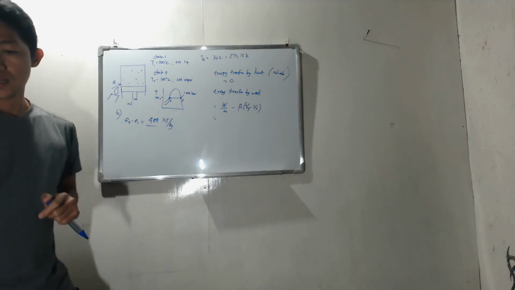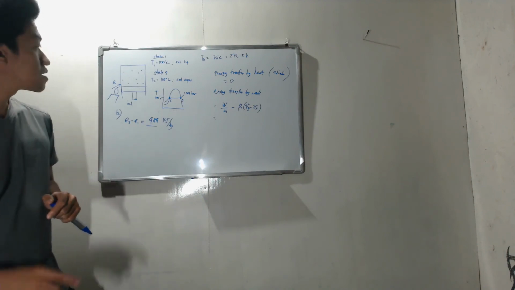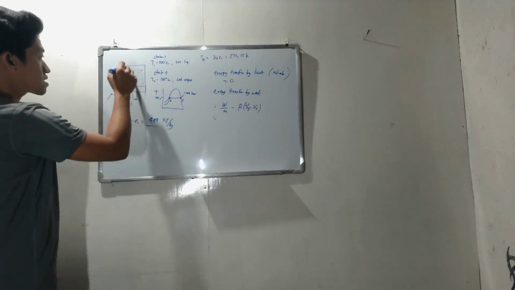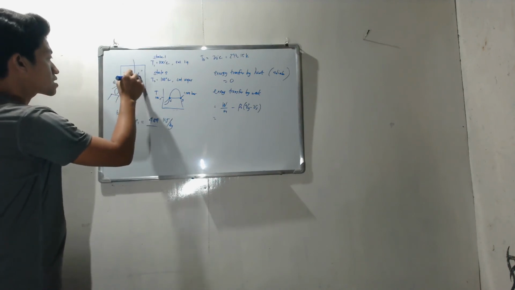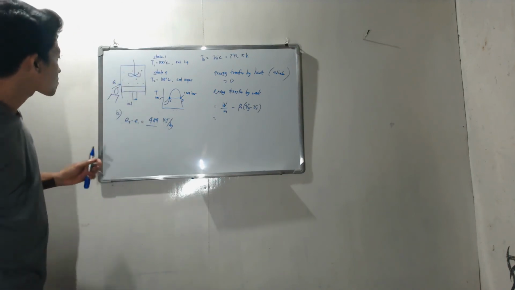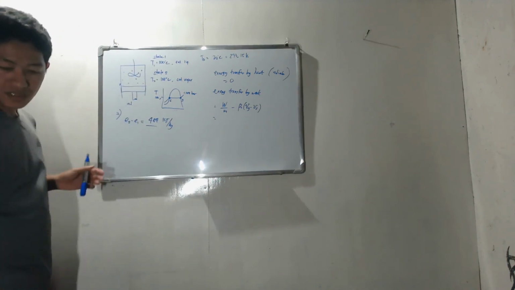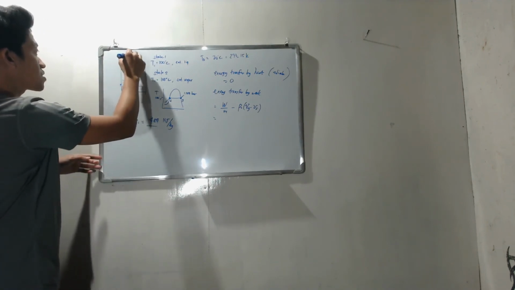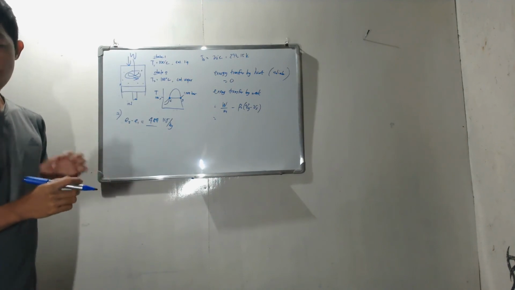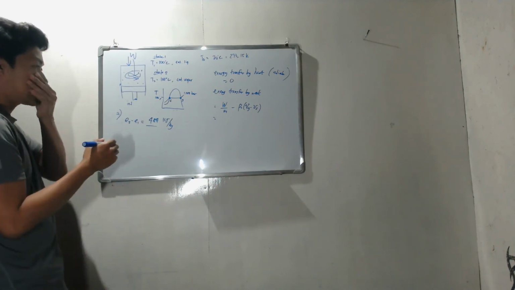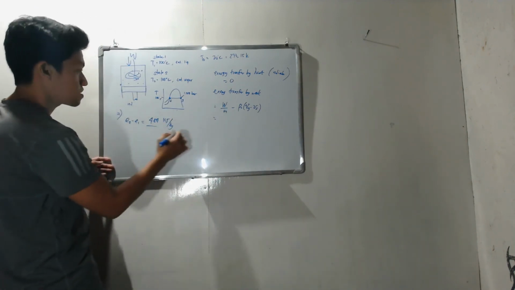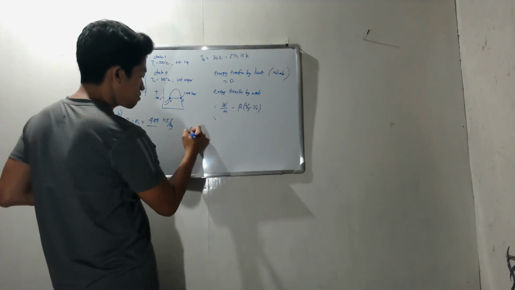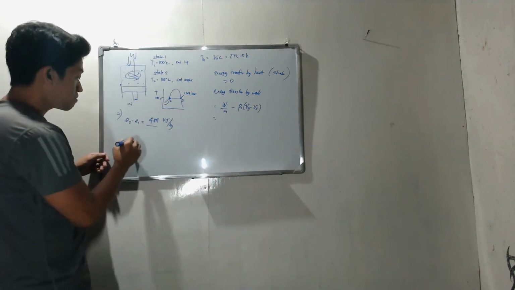Since there is a stirrer here, it is input work. So what is the value of work over m?